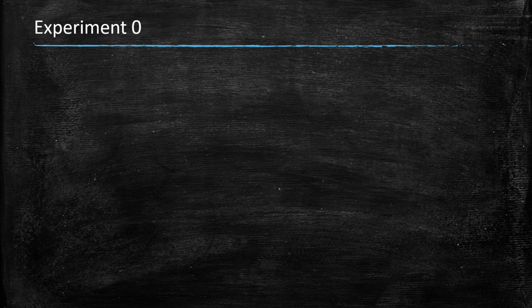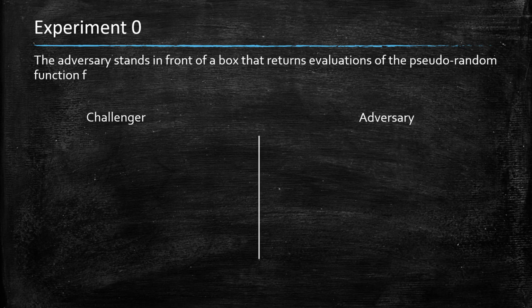So to formalize what it means for an adversary to compete in that security game, we'll define something very similar to the semantic security game. There's going to be two experiments, and in experiment 0, the adversary stands in front of a box that returns evaluations of the pseudo-random function.